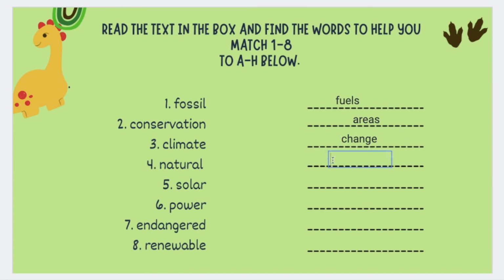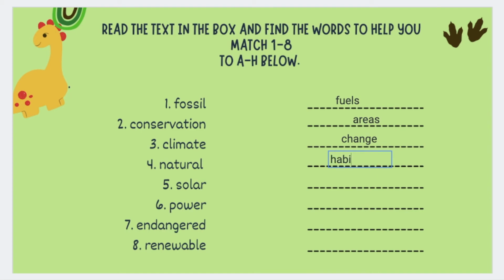For natural, let's take a look at the text. We have natural here. Do you think it's from the first paragraph? Yes, it is. It is in paragraph 1, which it belongs to the fourth line.